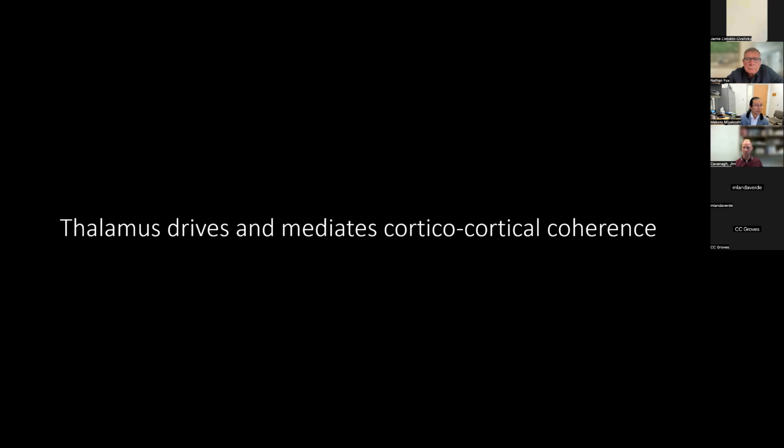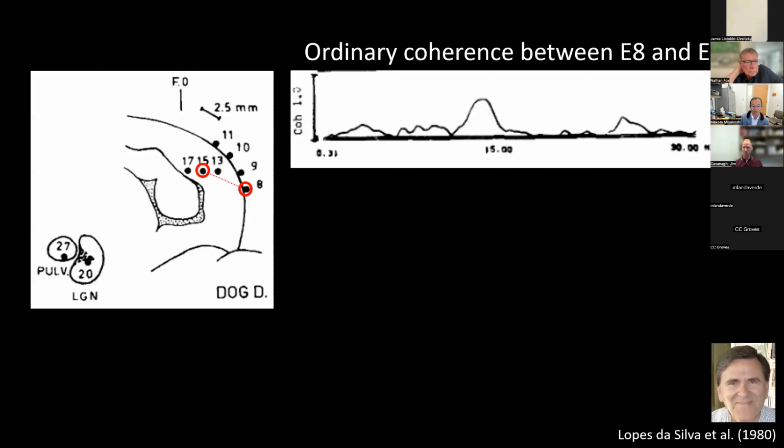So the thalamus drives and mediates cortical-cortical coherence. And this is again the study by Lopez da Silva in 1980. I think this is one of the most important studies in the history of EEG in terms of thalamocortical connections. What he did is this.